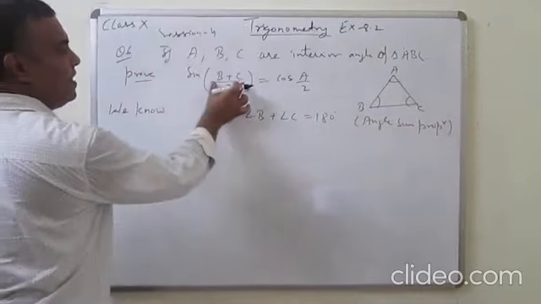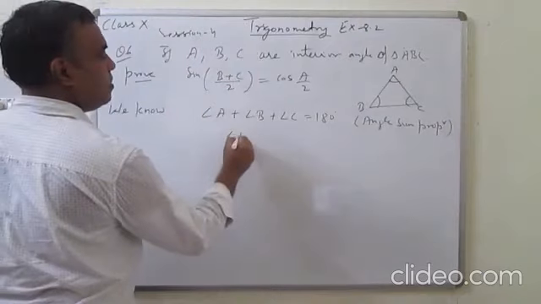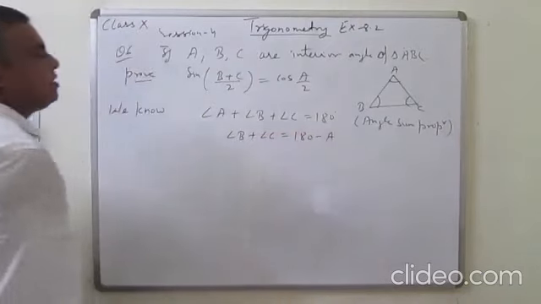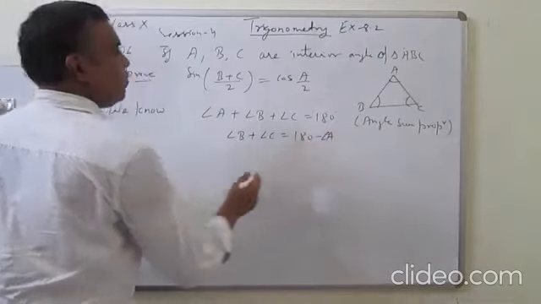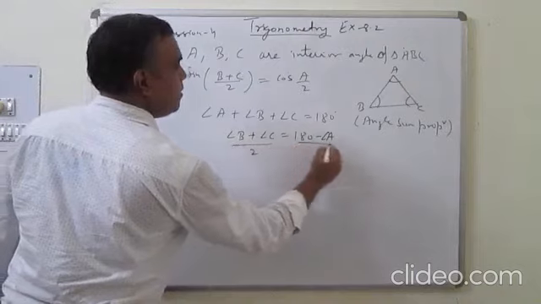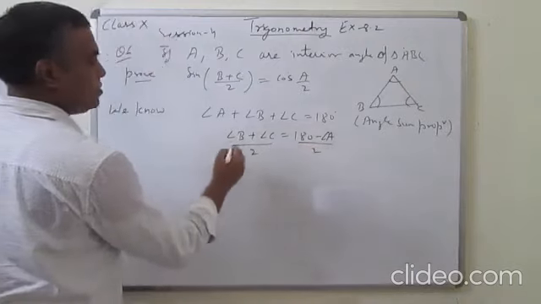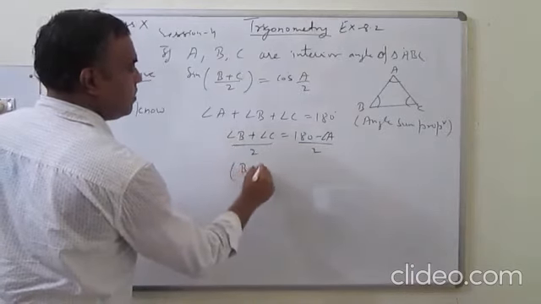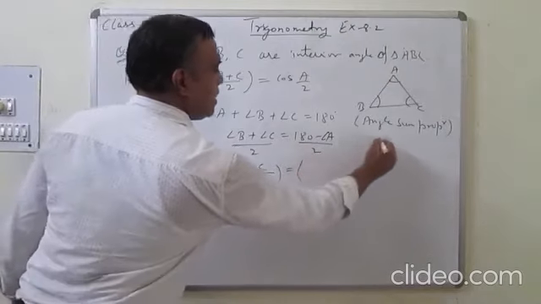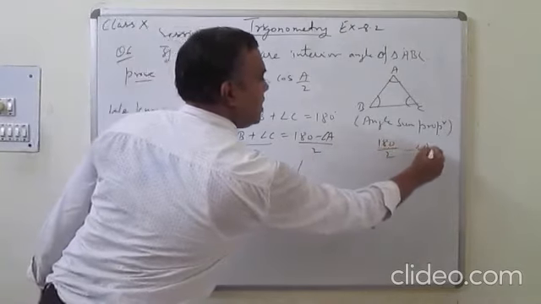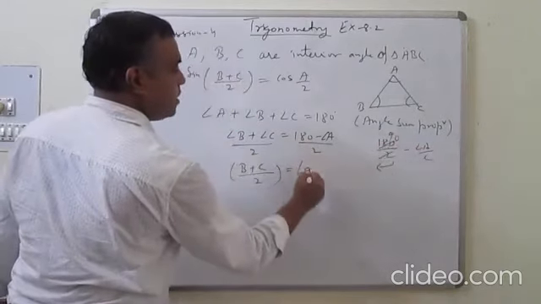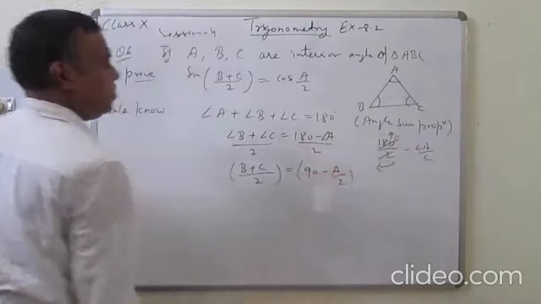Now we need B and C, so B plus C is equal to 180 minus A. We divide both sides by 2, so it becomes 180 upon 2 minus angle A upon 2, which is 90 minus A by 2.